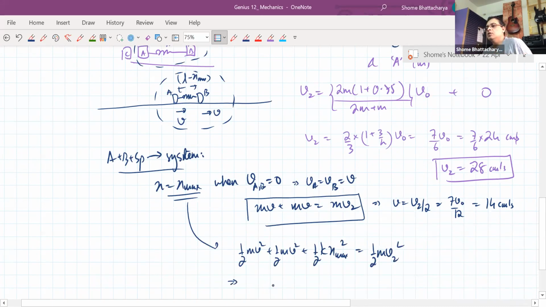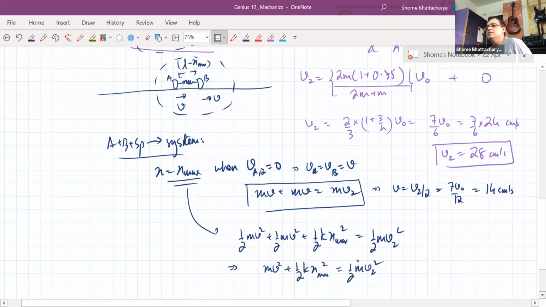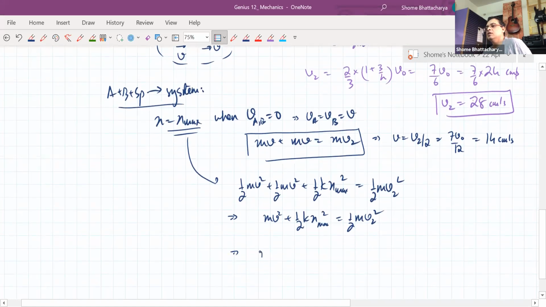So we can now write this like this: half m v square plus half k x maximum square is equal to half m v2 square. Now we can express everything: m into v, remember, was 7 by 12 v0 square, plus half k x maximum square is half m into v2, which was 7 by 6 v0 whole square.